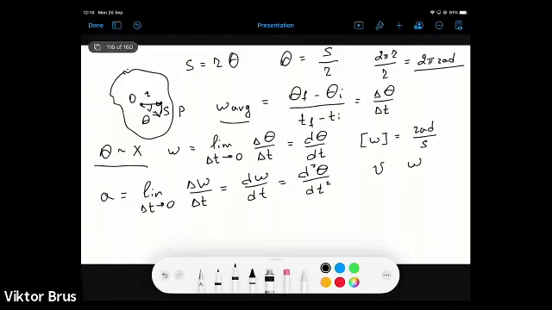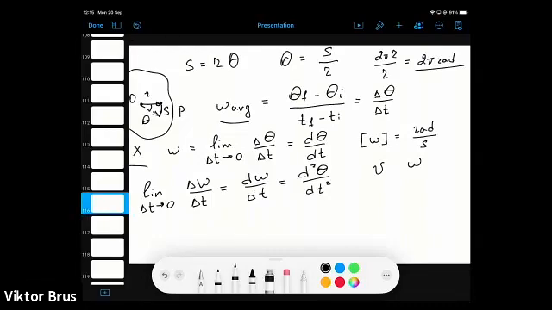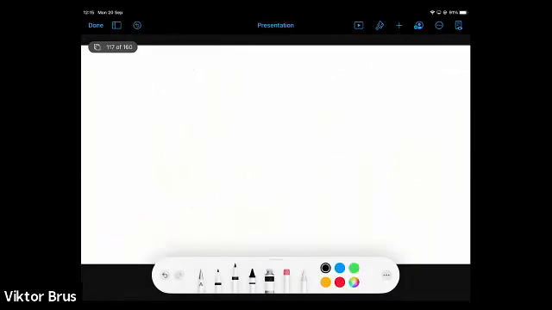That's why if we consider some specific case of rotational motion with constant angular acceleration, then we will have a very similar set of equations for this purpose, and let us write them down. So final angular velocity will be equal to initial angular velocity plus angular acceleration times t.